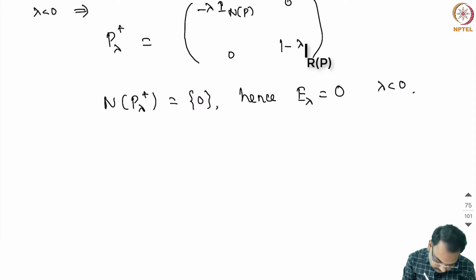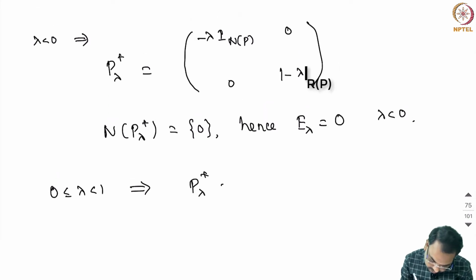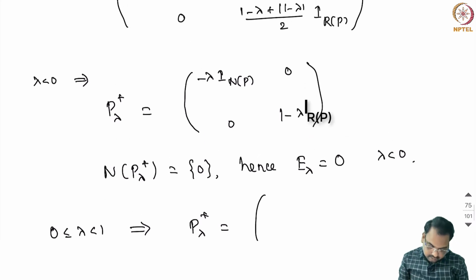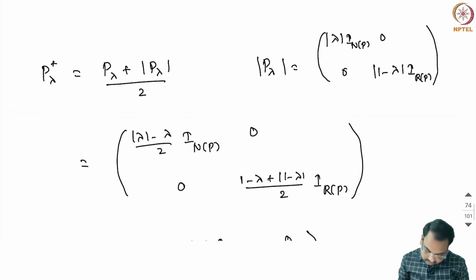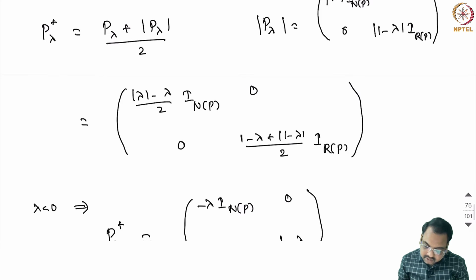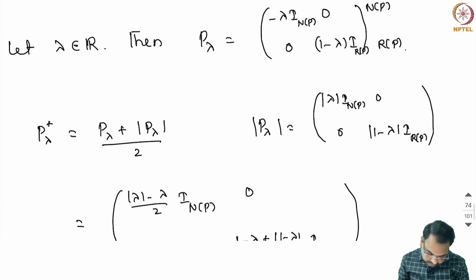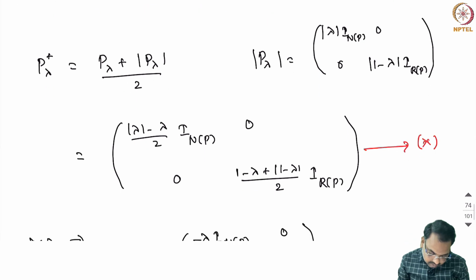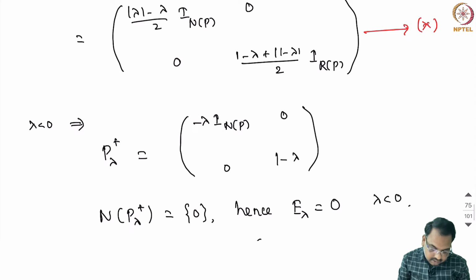Now when lambda is between 0 and 1, we look at P lambda plus. If you look at this part star, and lambda is bigger than 0, mod lambda is nothing but lambda, so you will get the first entry to be 0.